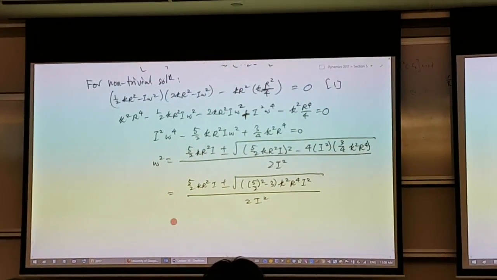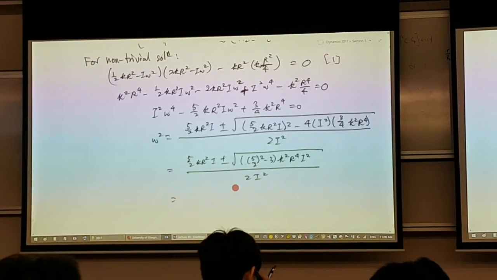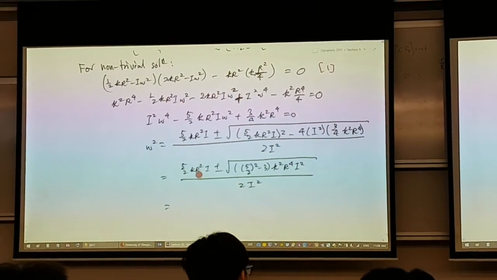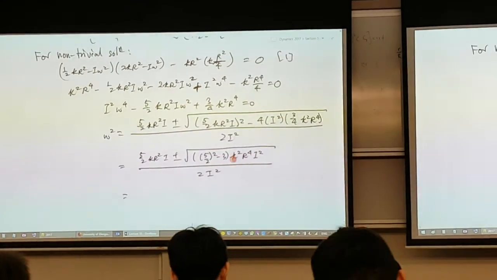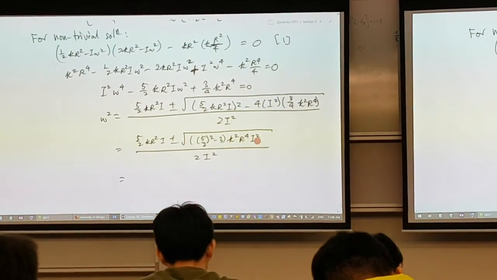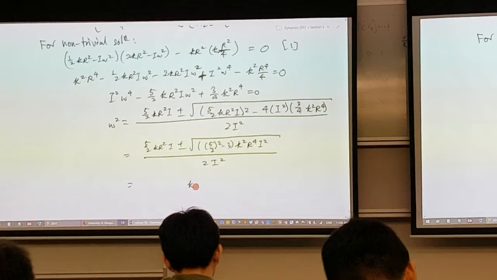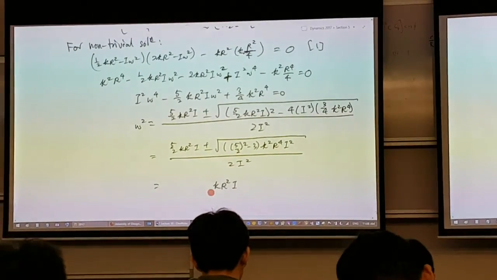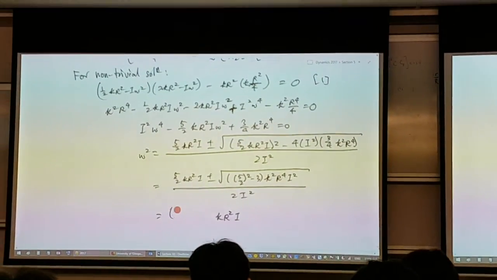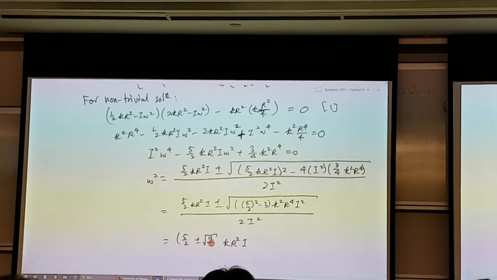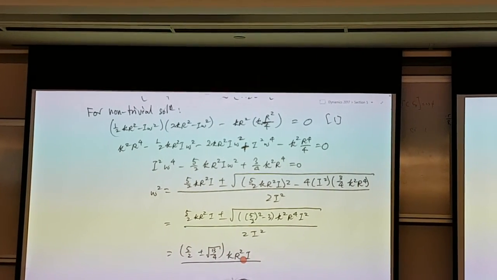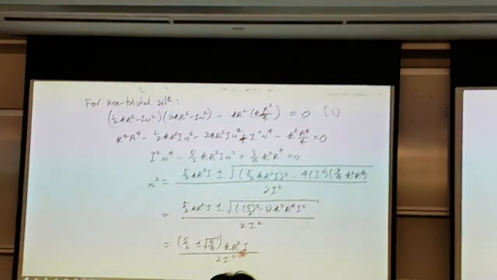So now I could bring out the common factor k r squared I, right? You square root that. So that will be k r squared I. And then the numerics 5/2 plus minus square root 13/4 divided by 2 I squared.